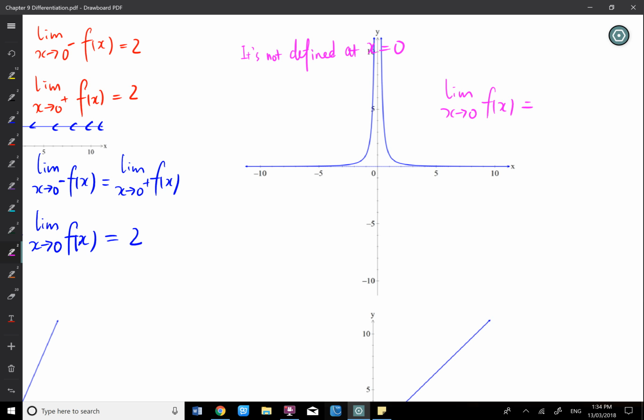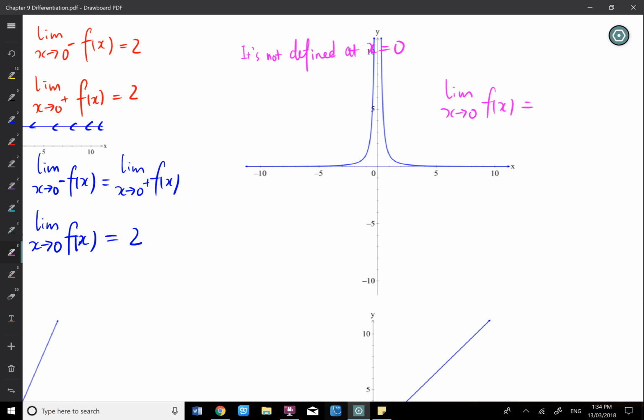It's not a number. My question is, if you go from the left-hand side and from the right-hand side, when you head towards location 0, do they head towards the same point? Is there one point they can all head towards? The curve looks like this. When they go up, up, up, do they head towards the same point?